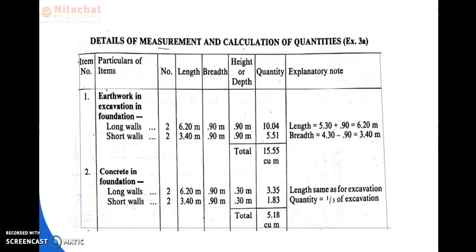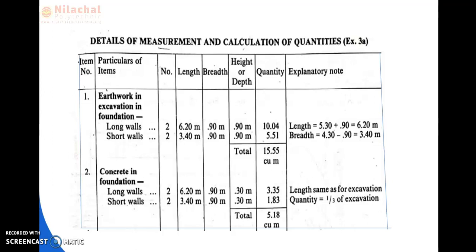The total quantity for long wall is numbers 2 into length 6.20 meter into breadth 0.90 meter and height 0.30 meter is equal to 3.35 meter cube, and short wall quantity is 2 number into length 3.40 meter into breadth 0.90 meter and depth or height equal to 0.30 meter is equal to 1.83 meter cube. So total quantity is 5.18 meter cube.